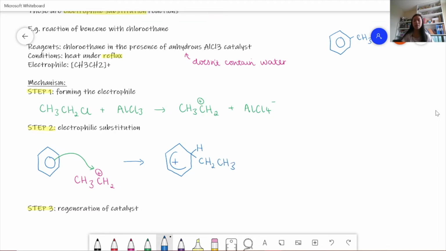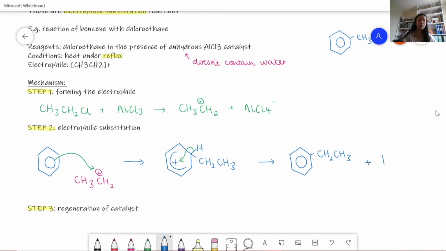And then what happens is that because this delocalized system is now unstable, so the actual benzene is unstable, we need to remove an H+. So electrons from this covalent bond then move towards the positive charge. And so now we can form our alkyl benzene. So we have benzene, and it's now attached to this ethyl group.